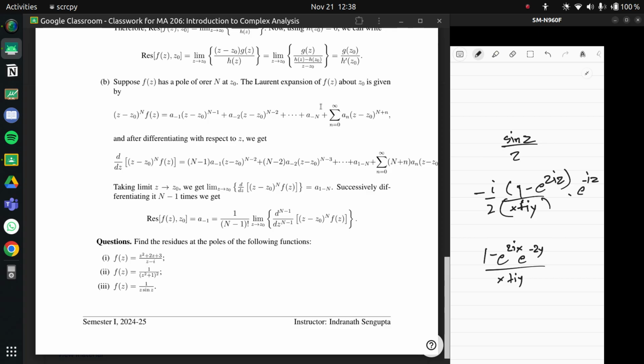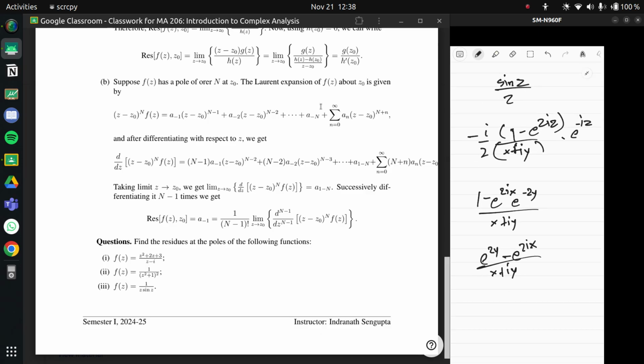You can rewrite this thing. So e power 2y minus e power 2ix. That's sure. Then I'm not getting anything after that. This is not making sense.